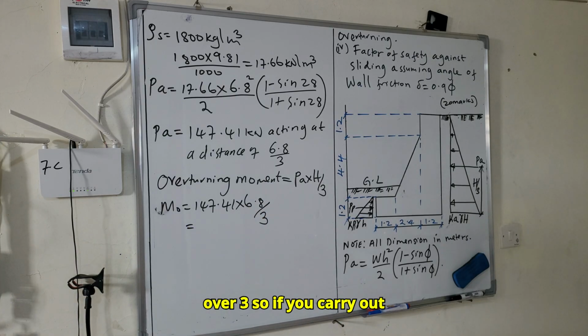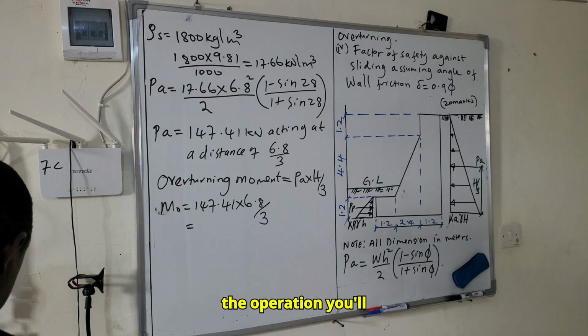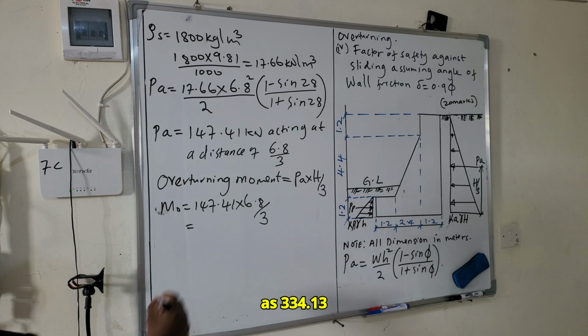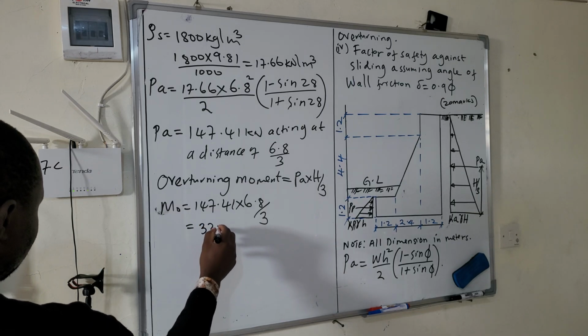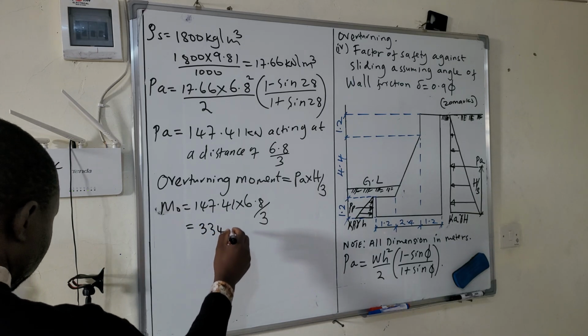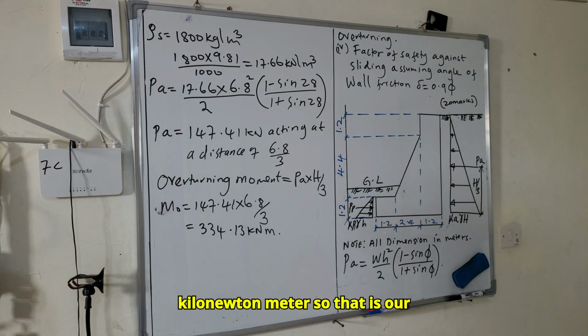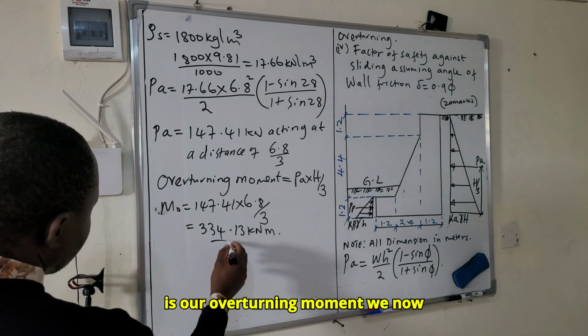If you carry out the operation, you will get our overturning moment as 334.13 kilonewton meter. So that is our overturning moment.